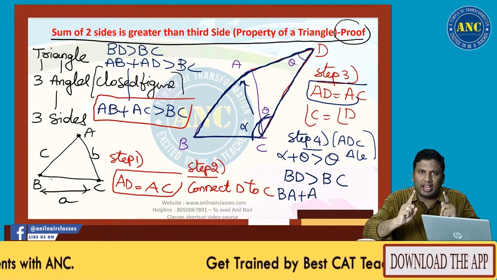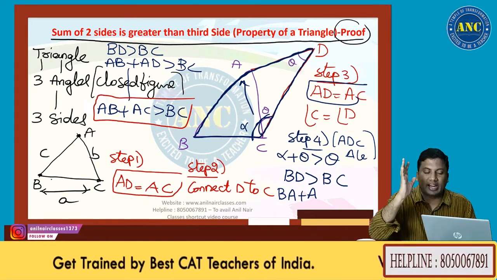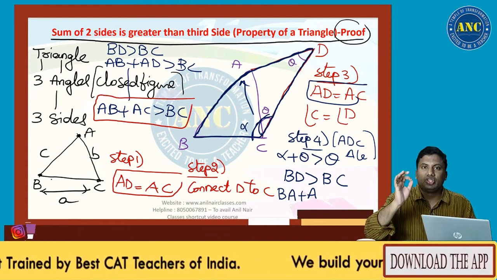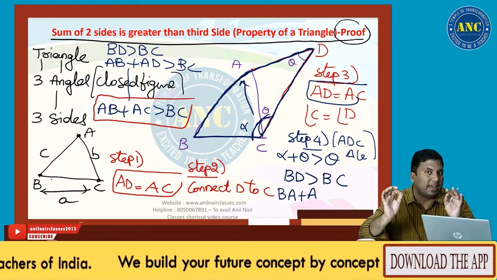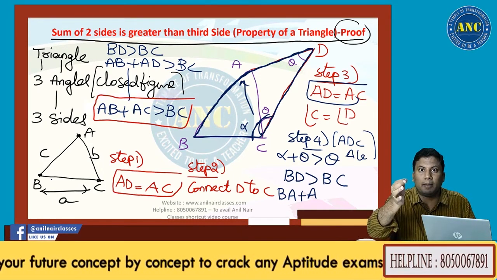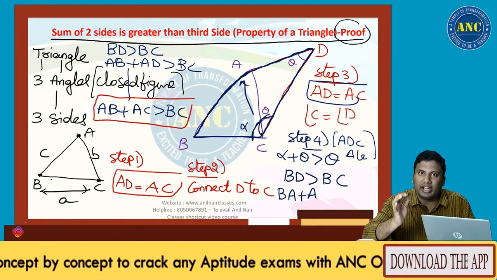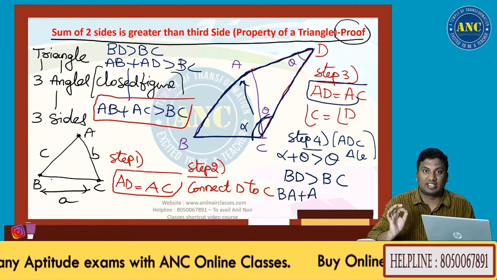I am explaining every step for the second time. Take a triangle ABC. Step number 1: let the vertices be capital A, capital B, capital C. Step number 2: the side opposite to capital A is small a, opposite to capital B is small b, opposite to capital C is small c.